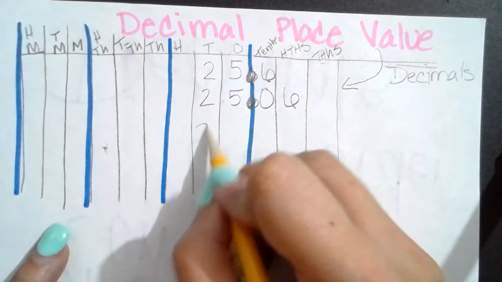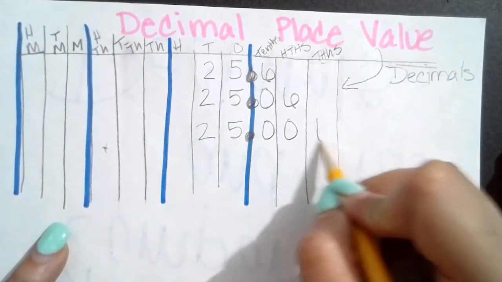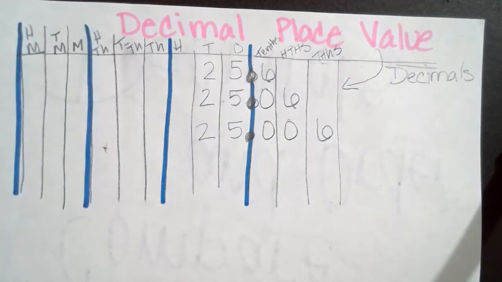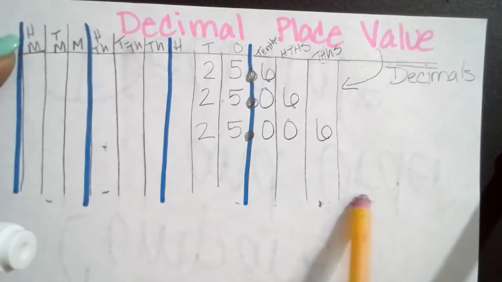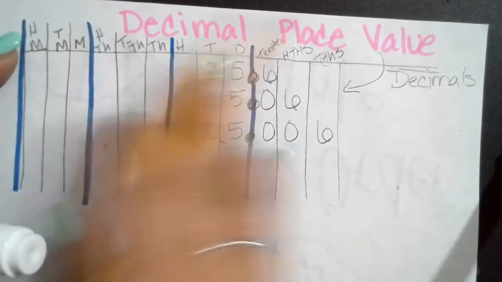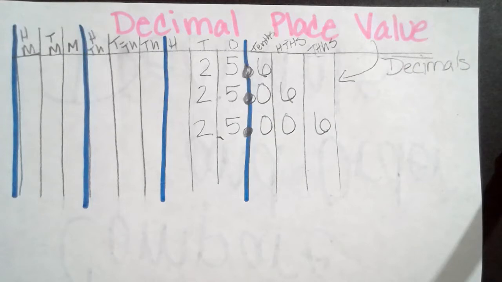What about $25 and 6 thousandths? Okay. The question that I have for you is, which of these numbers is the greatest? Okay. Which of these numbers is the greatest?